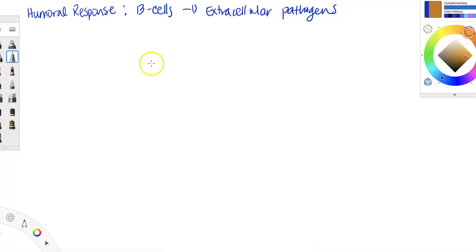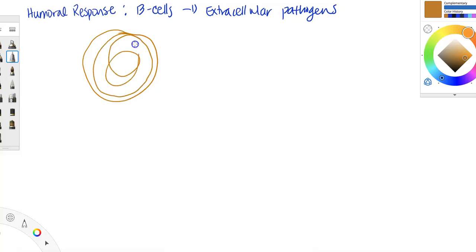All right, so when we have our B cell, when the B cell is done with its education and it gets released into the body, it goes and hangs out in lymph nodes and places like that, where it's more likely going to find the specific antigen it's looking for.